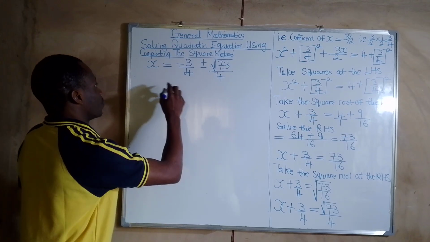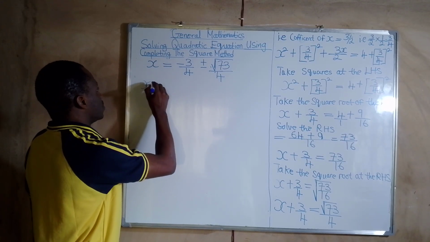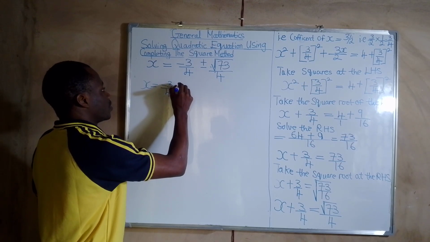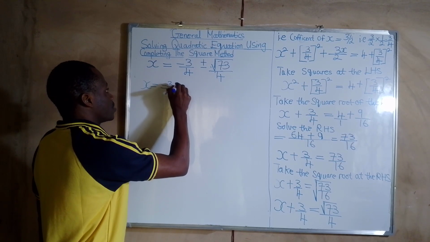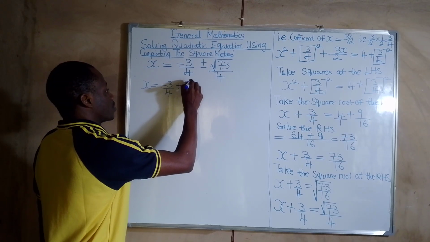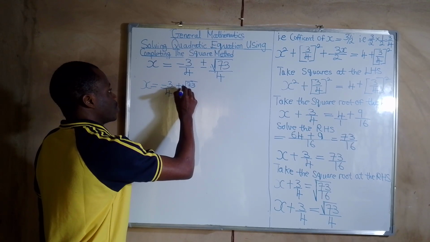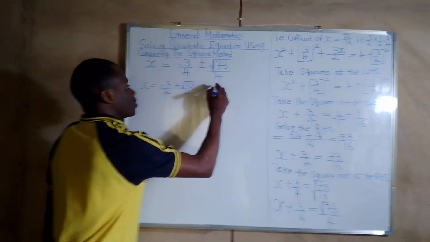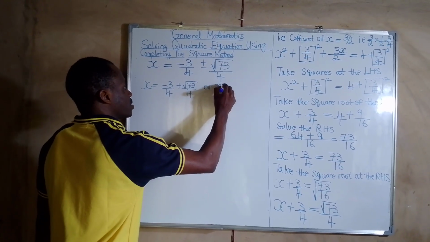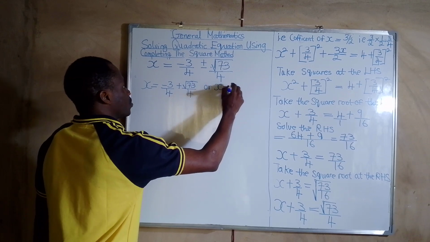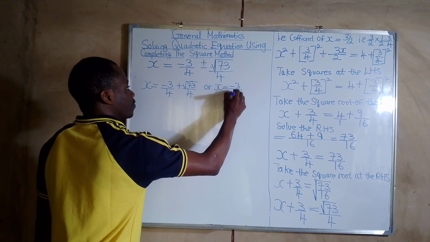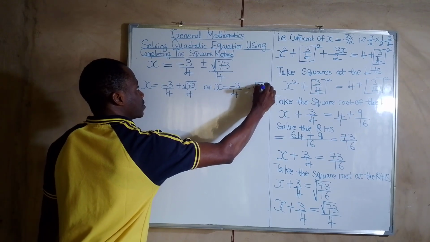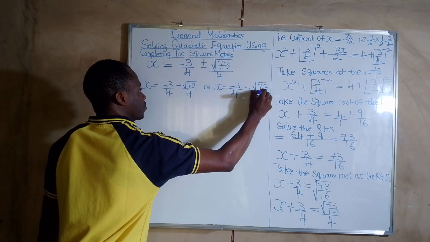So x is equal to minus 3 over 4 plus square root 73 over 4, or x is equal to minus 3 over 4 minus square root 73 over 4.